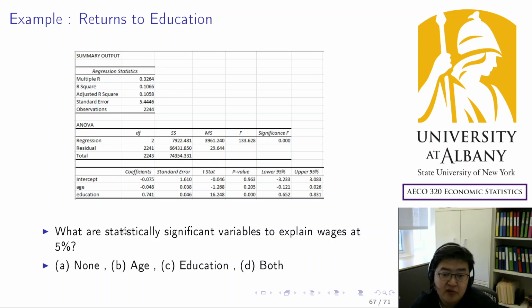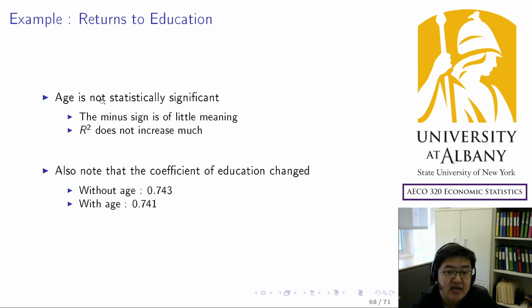Remember, for the variable to be statistically significant, you should reject the null hypothesis. So the p-value should be smaller than 5%, but age has a p-value of 20%. Education still has 0%. Education's p-value is smaller than 5%, but age's is greater. So you can reject the null for education only. So education is the only statistically significant variable among those two, right? So the answer is education. Age is not statistically significant.